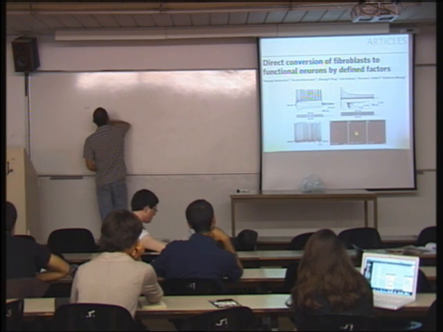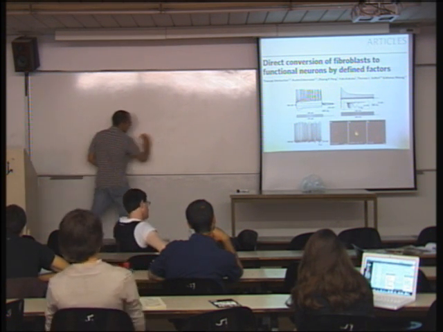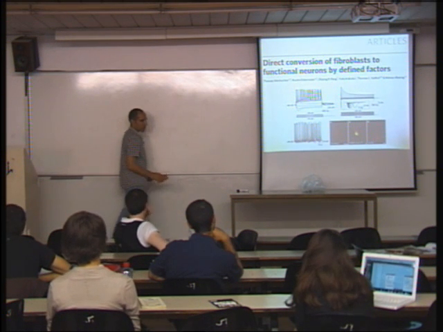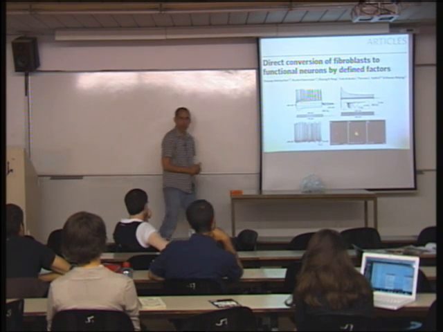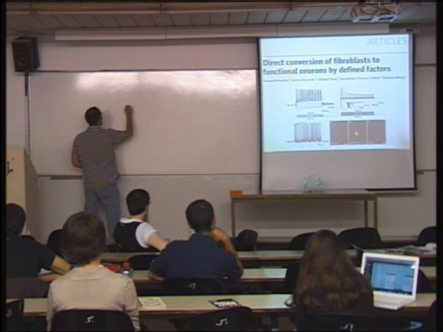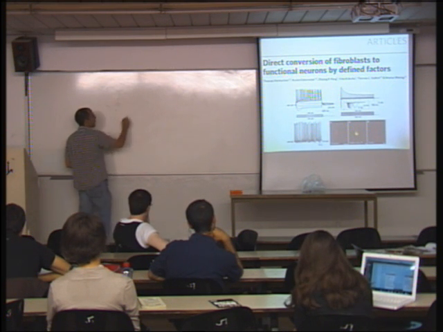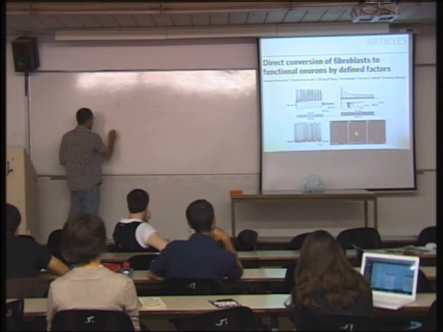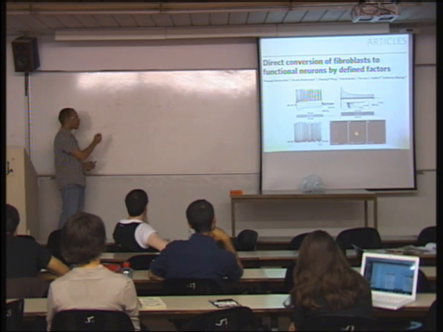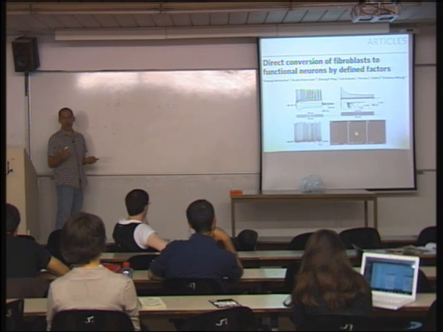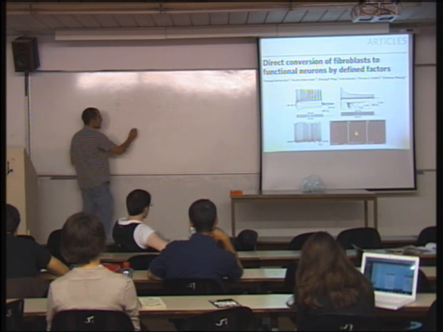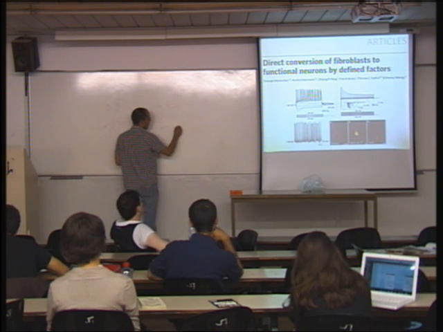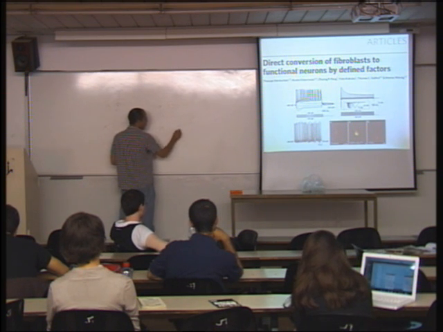His idea was, if we can take factors that are expressed at high levels in embryonic stem cells, put them into fibroblasts, and get ES cells, what happens if we take these same fibroblasts and express factors that are highly expressed in neurons? This is exactly what he did, and he managed to get direct conversion of fibroblasts to neurons.